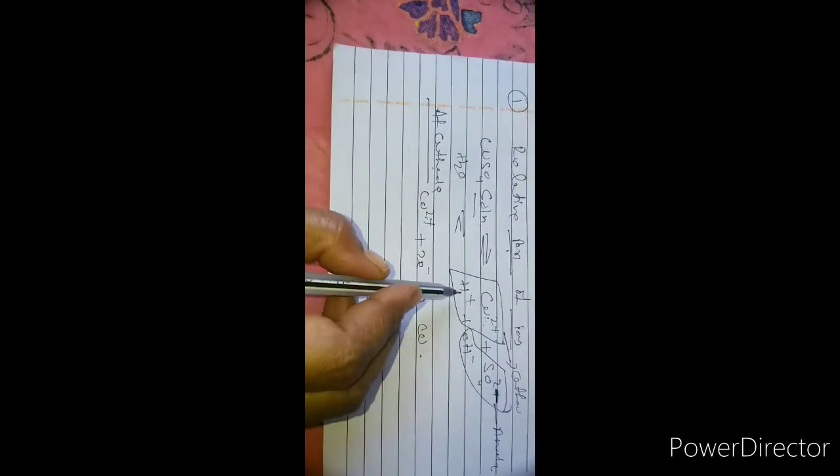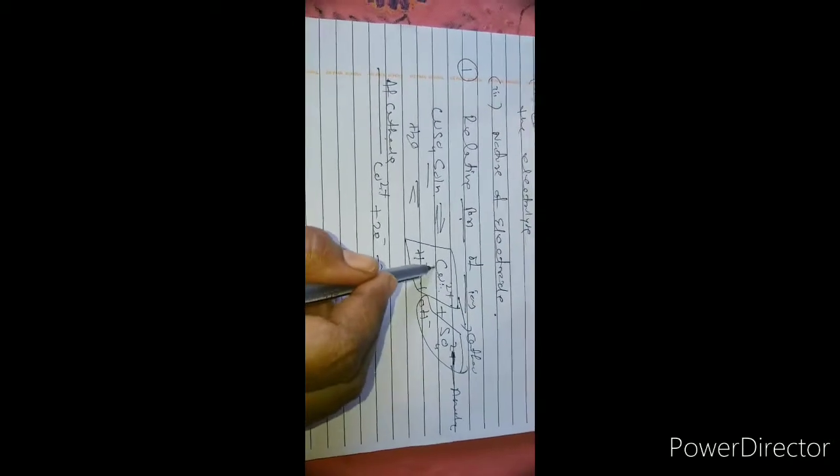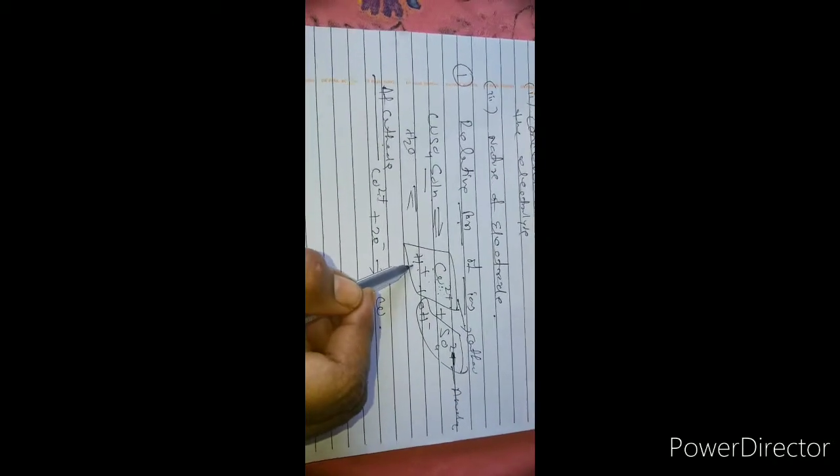Which one is the lower? Copper is the lower, so copper will get a chance to discharge. At the cathode, Cu2+ will gain 2 electrons to become copper. Understood? And H+ will not get a chance because copper is below hydrogen.